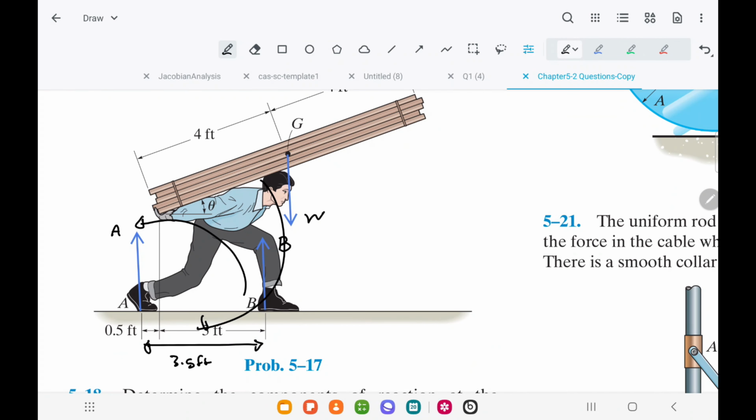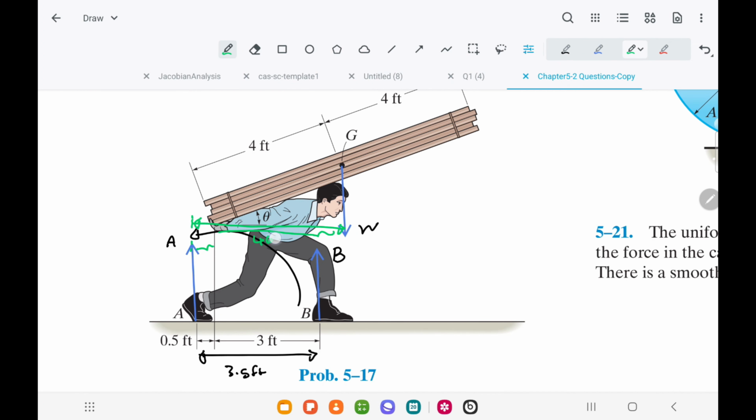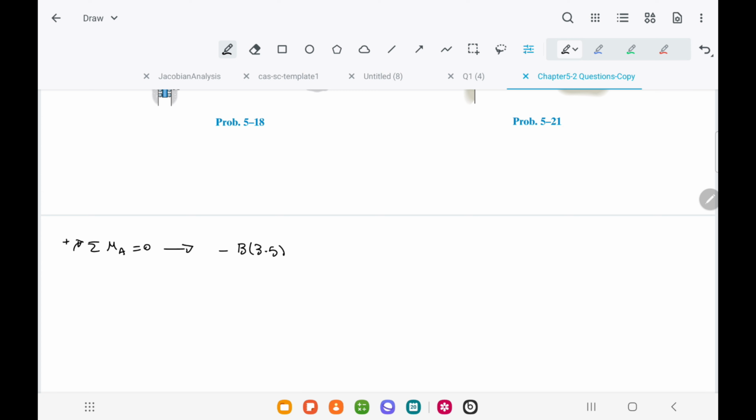The force W makes a clockwise moment about A, so the value of the moment is positive, and it is equal to W times the perpendicular distance, which is 0.5 feet plus 4 times cosine theta. Thus, the moment equation is minus B times 3.5, plus W times (0.5 plus 4 cosine theta) equals 0.